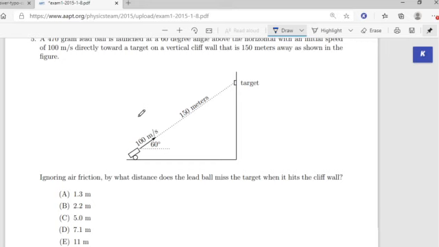Okay, so basically it's asking us to find what height it reaches by the time it travels this distance, and then we can find the difference between this height and the height of the target.